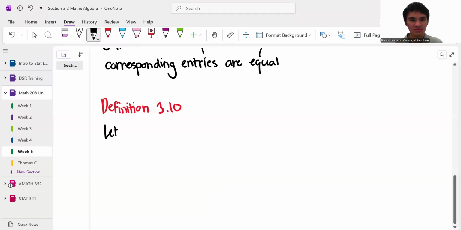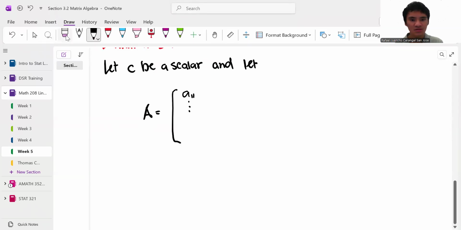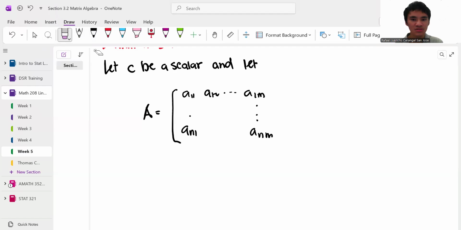Let C be a scalar, and let A be a matrix with entries 1,1 through n,1, and then we keep going, 1,2 through 1,m, and so on down to n,m. That's the matrix A.